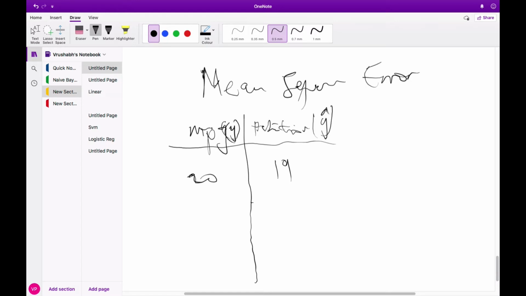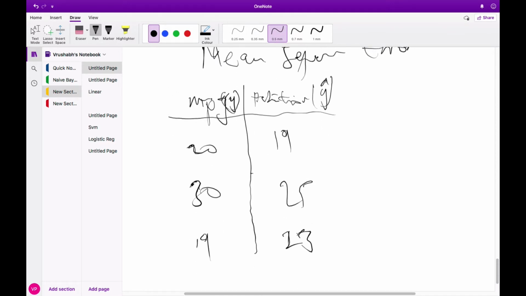Our prediction was not 100%. Maybe the miles per gallon was something like 30 and we predicted say 25, and then maybe another one was say 19 and we predicted say 15, or we predicted say 23.